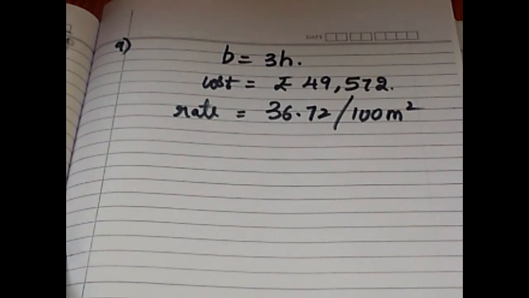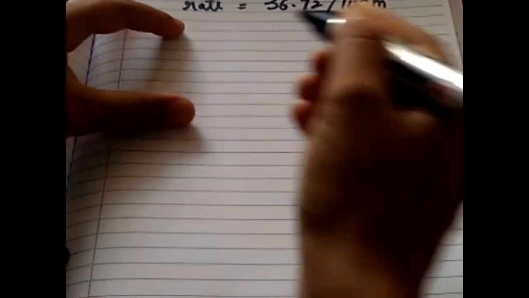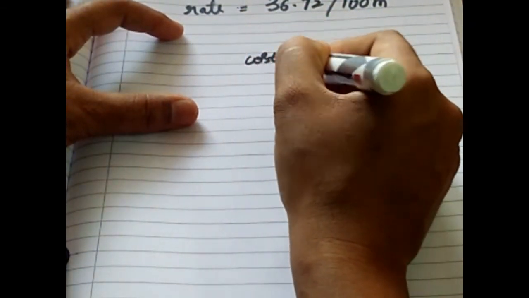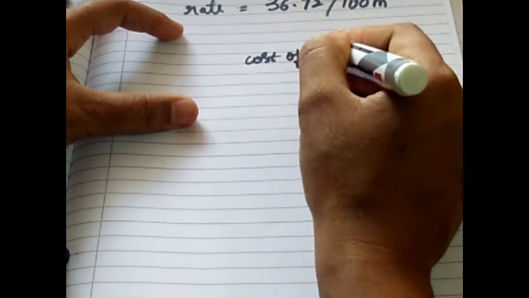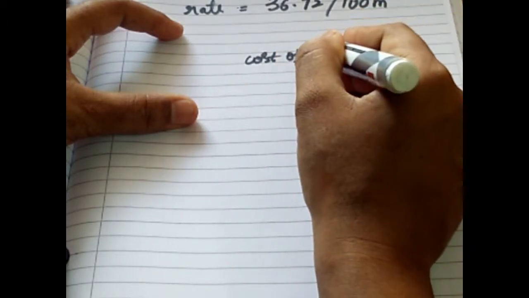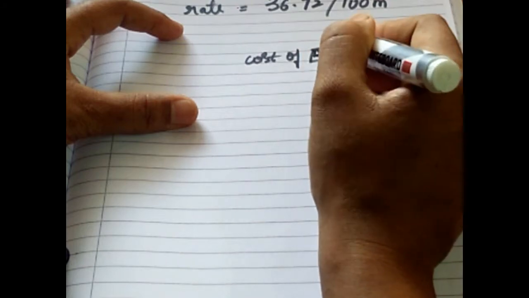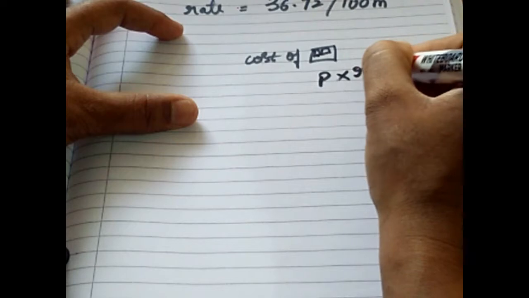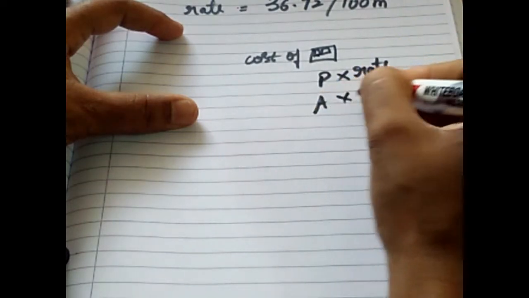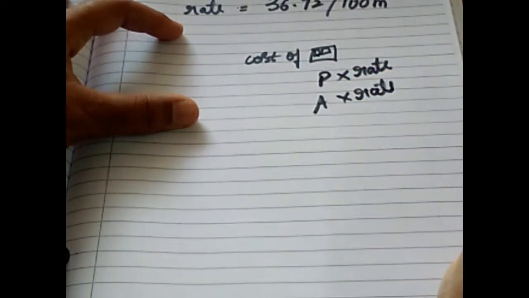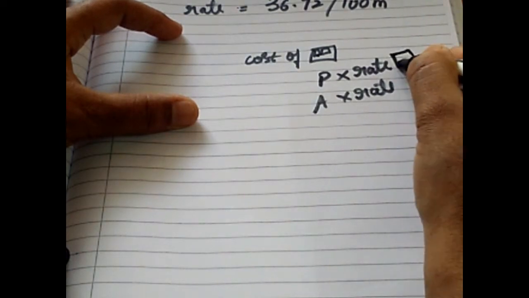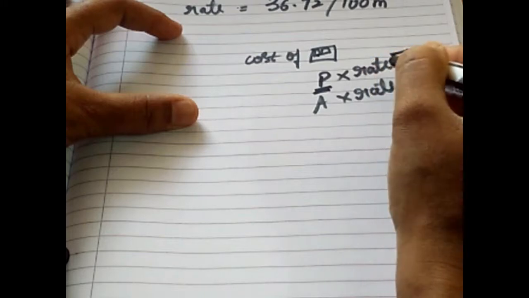Before moving on to this particular problem, let me clear a point. If we have to find out the cost of painting a particular area or fencing or putting tiles over there, we calculate it with the help of perimeter into rate or area into rate. For example, if it is fencing, then fencing is done to the boundary, so we take perimeter into rate.